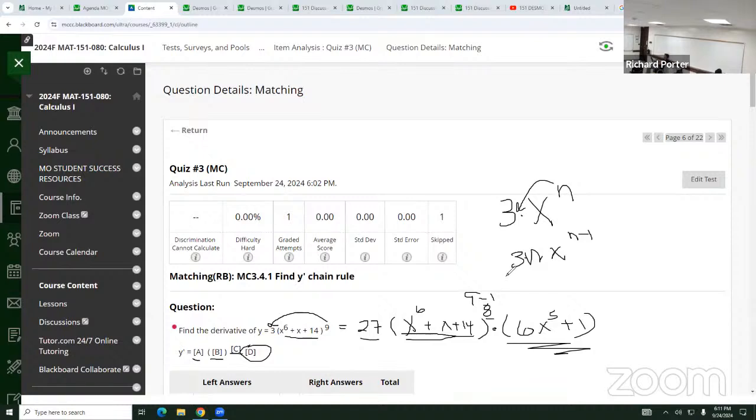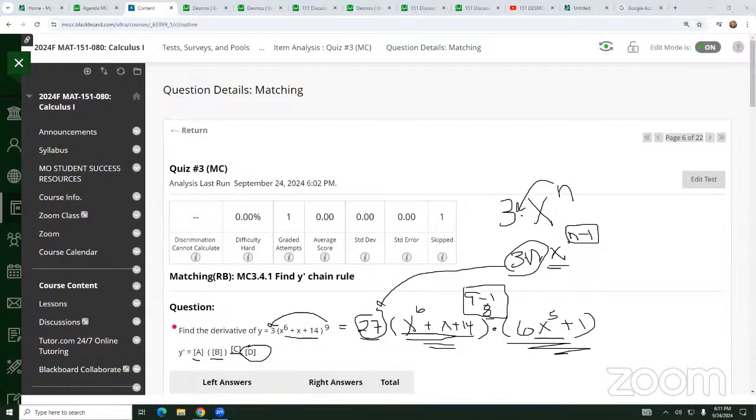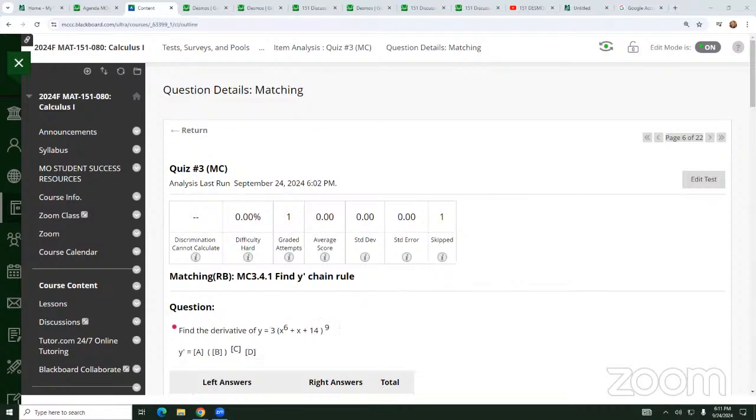That gives you 27, that's the 27 right there, 3n. The power is n minus 1. That's 9 minus 1, that's 8. And then the x you leave alone, and then you take the derivative of it. Does that help, Alicia? Yes, thank you.